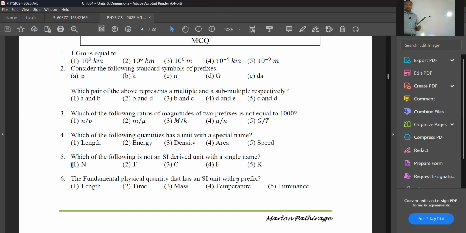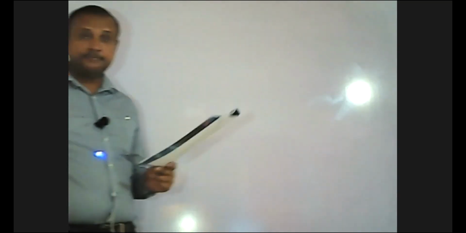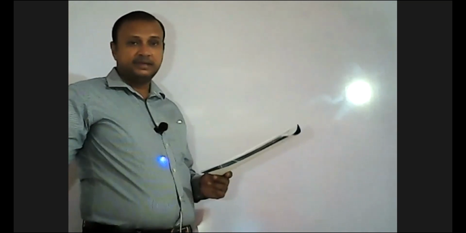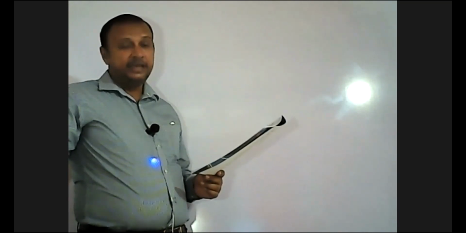Is Kelvin a derived SI unit with a special name? Please give me the answer. Is Kelvin a derived SI unit with a special name? No, it is not a derived unit.